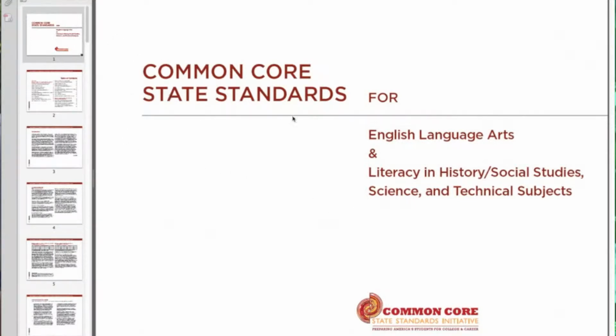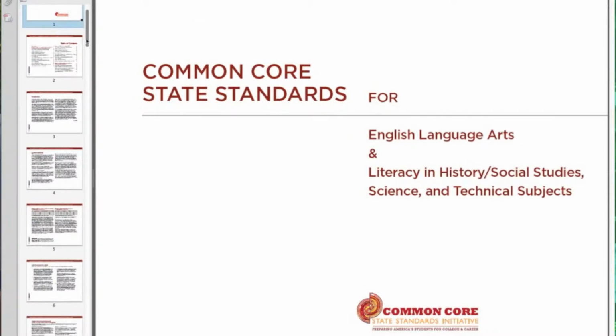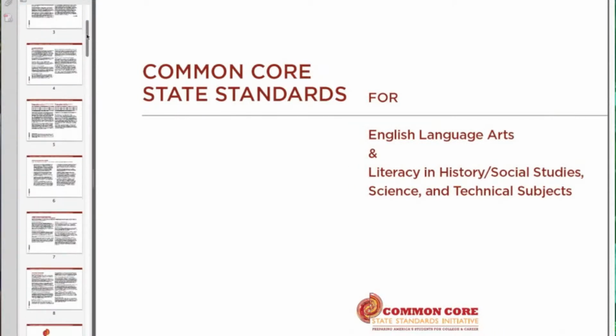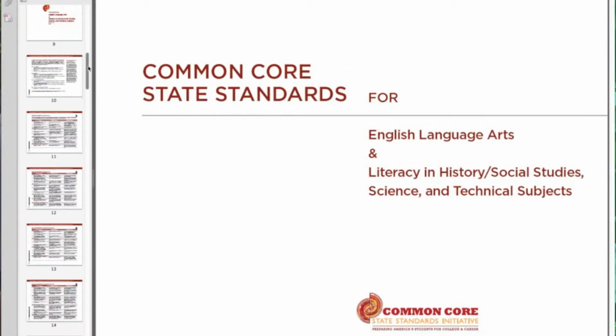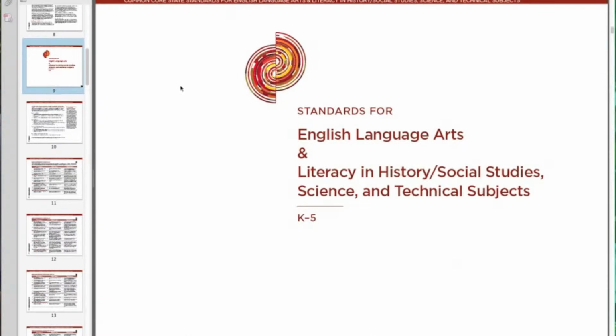The Common Core state standards are divided into three main sections. After the introductory material here that just gives you a general overview of the standards, there is a section for English language arts and literacy in history, social studies, science, and technical subjects in grades K to 5.